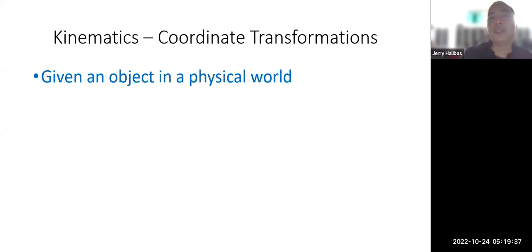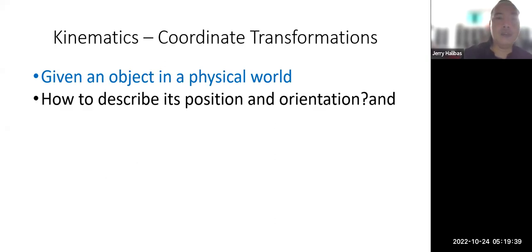Okay, so given an object in a physical world, how to describe its position and orientation. So it's not just the coordinates we're dealing with, but we're also describing how it is being oriented. Is it rotated? Rotated ba siya by a certain degree?